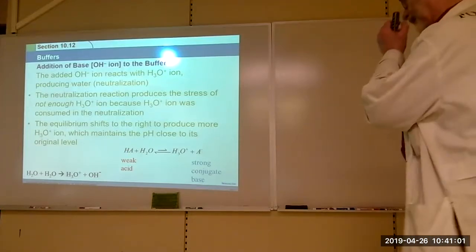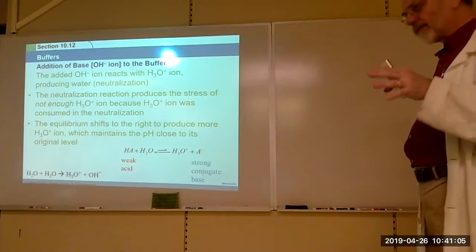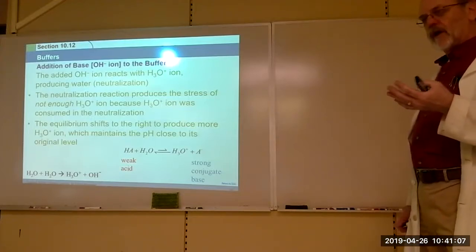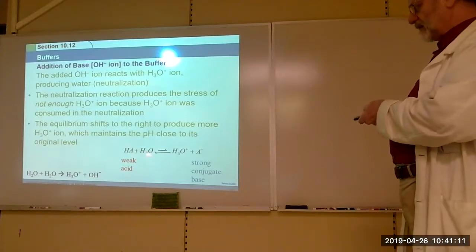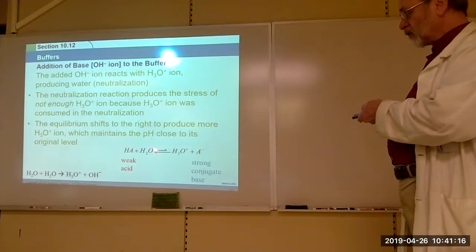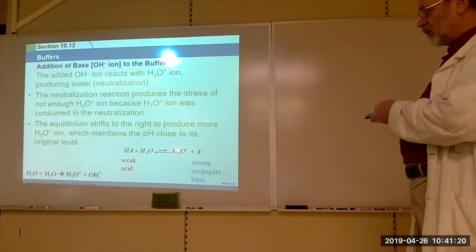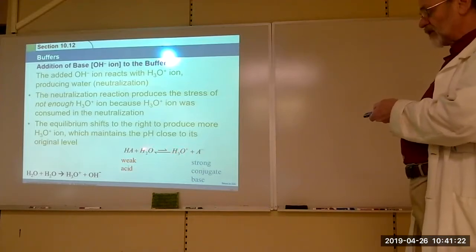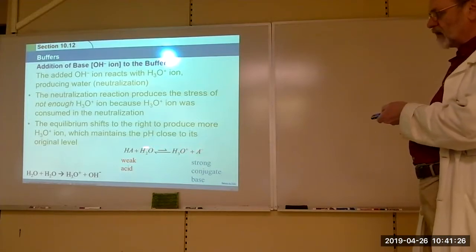Let's see. Most buffers, not all, but most, are produced using a weak acid. So the weak acid, reacting with water, produces the hydronium, which is the conjugate acid of the base, and the strong conjugate base of the weak acid.